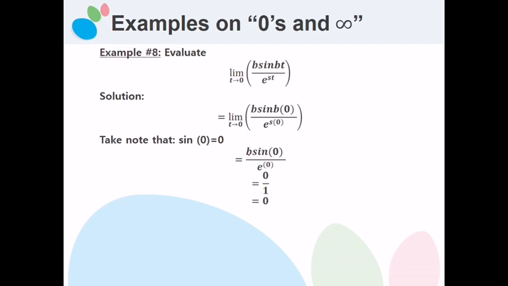The sine of 0 is automatically 0, so 0 times b is 0, and e raised to 0 is 1. Therefore the limit of b sine bt over e raised to st, wherein t approaches 0, is equal to 0.